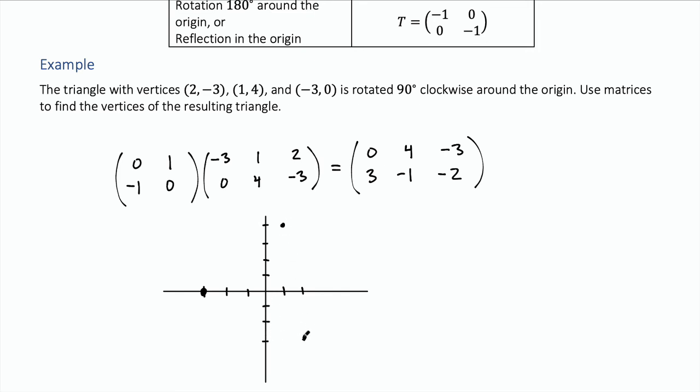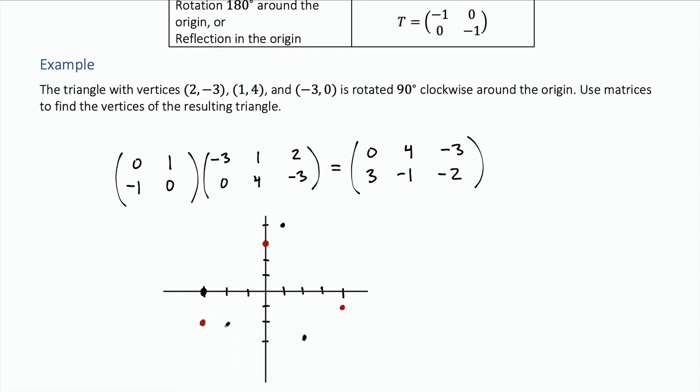So those are our initial points. And for our new points, we have 0, 3, 4, negative 1, and negative 3, negative 2.